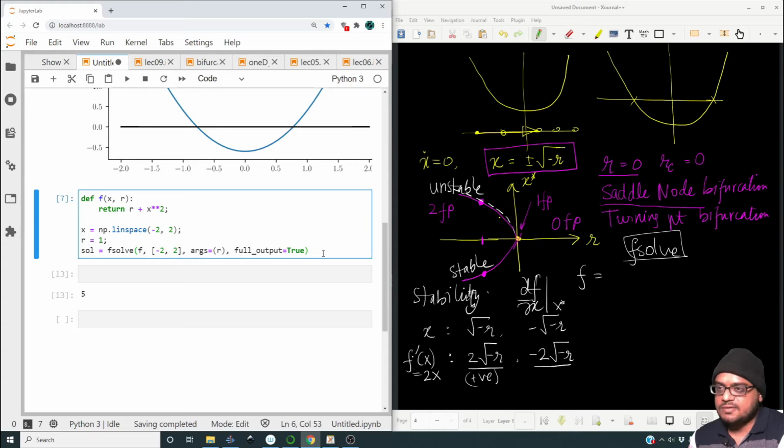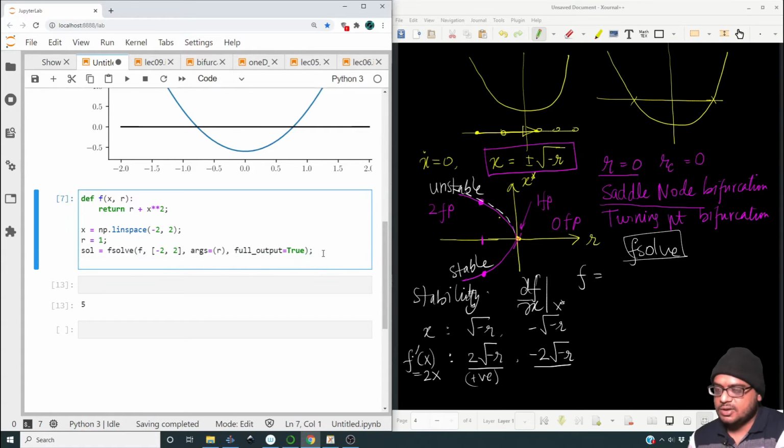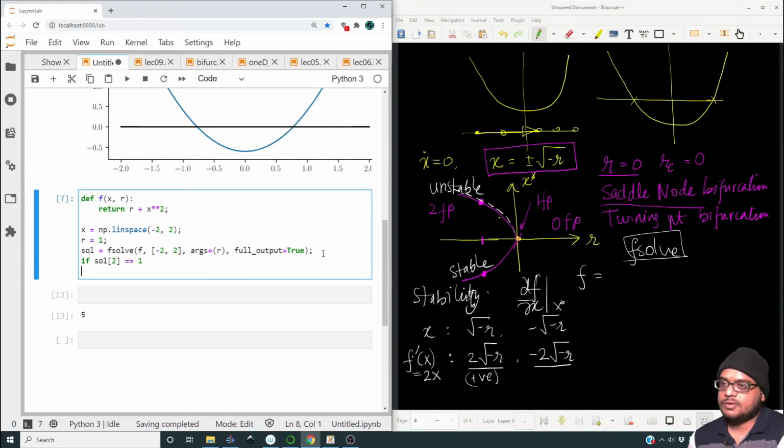After this line, we have obtained the value of sol. So if sol 2 is equal to 1, then we should do something with it. If sol 2 is equal to 1, let us classify the roots.